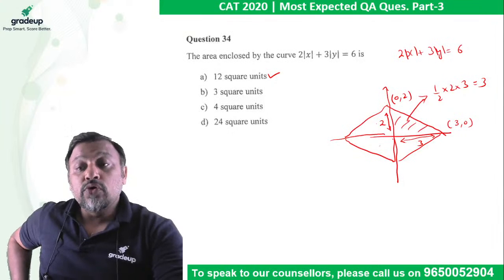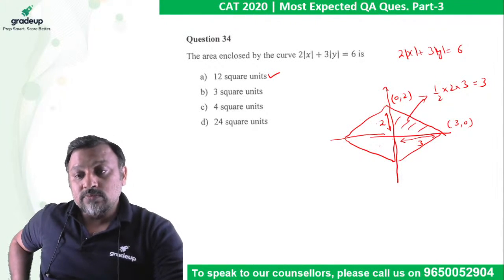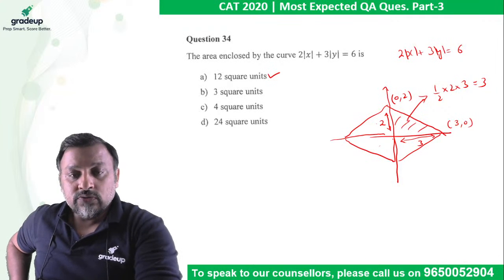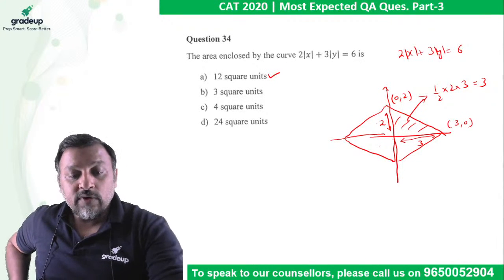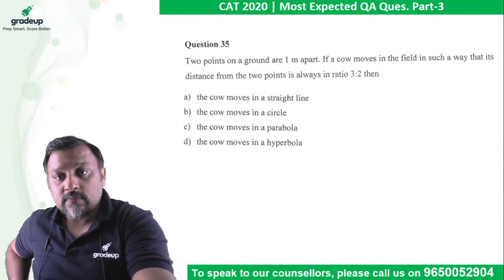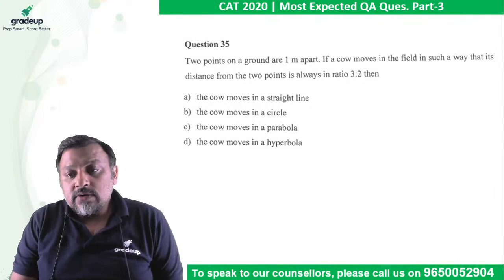One mod will give you 2 straight lines, 2 mods will give you 4 lines, so you don't need to plot all the 4 lines. Good, Bikash. Answer is A. So this was a pretty simple question. Now I am moving to the next one. Try this one, guys. It is a conceptual question.